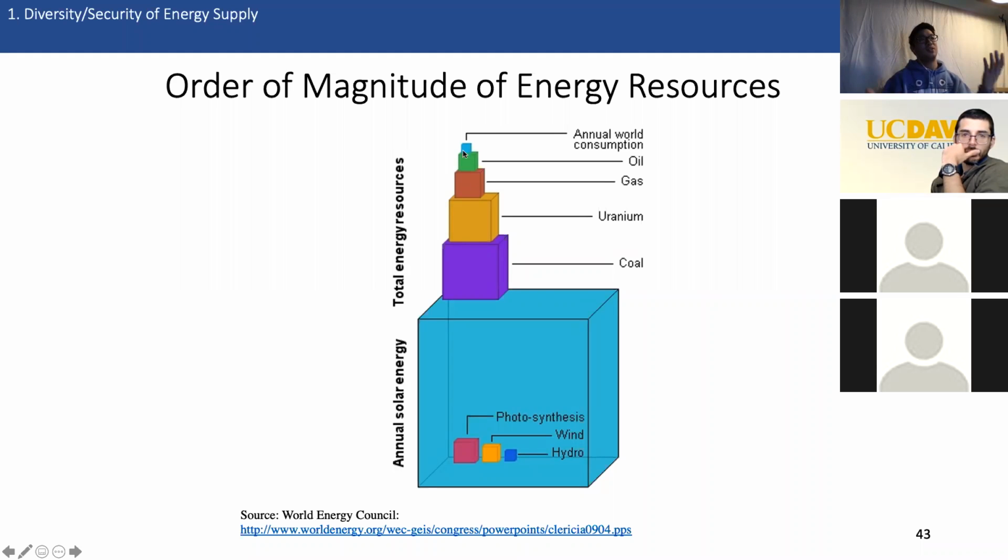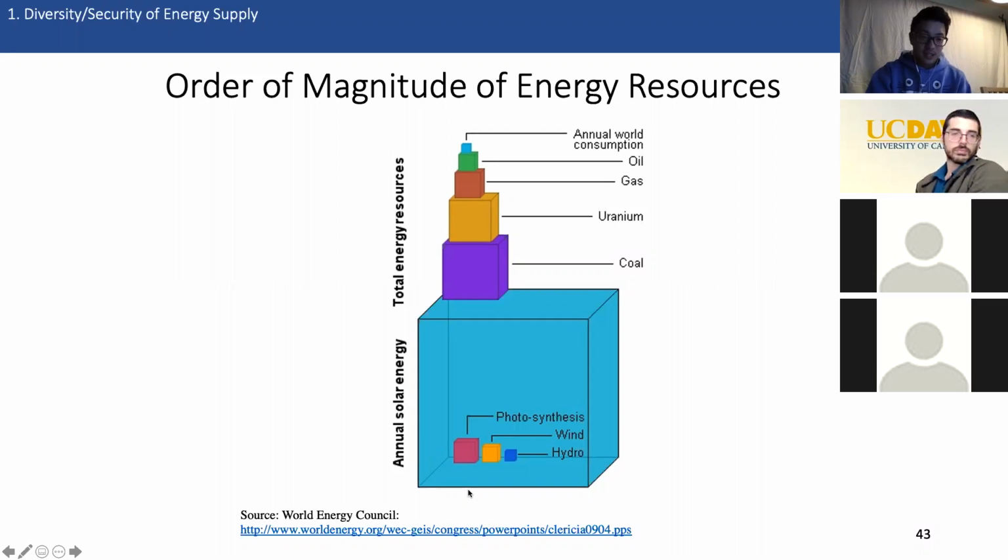That includes consumption of all different types of fuels like coal, oil, gas, and so forth. And this shows basically the reserves that we know are available across the globe.